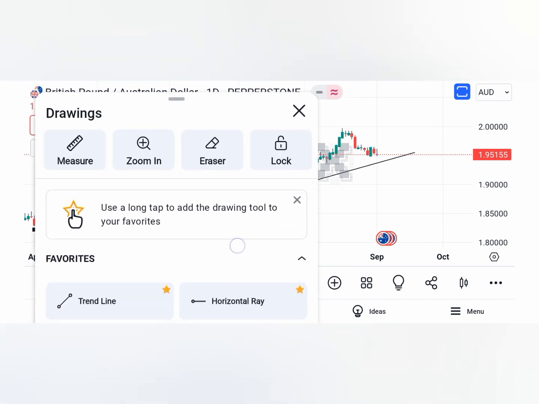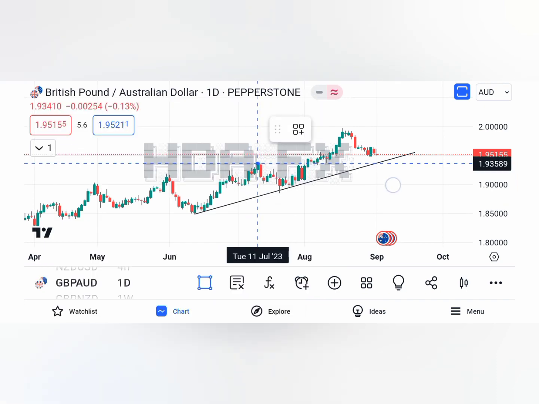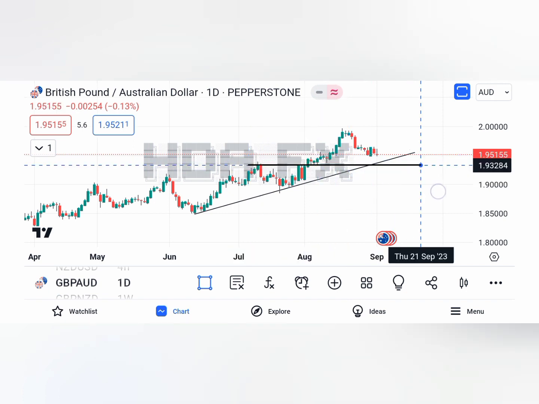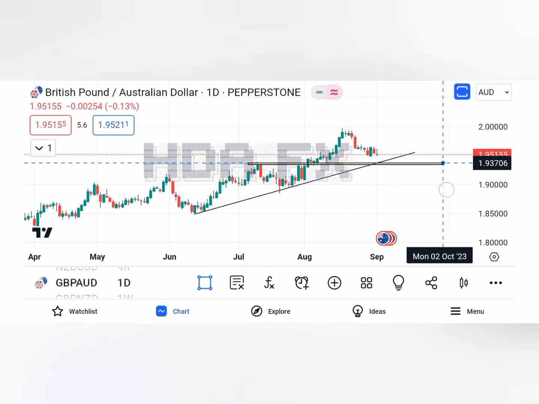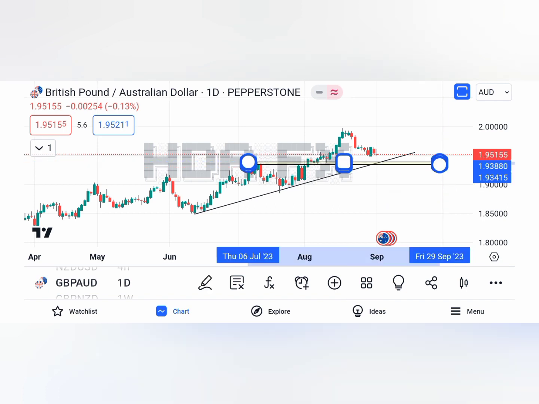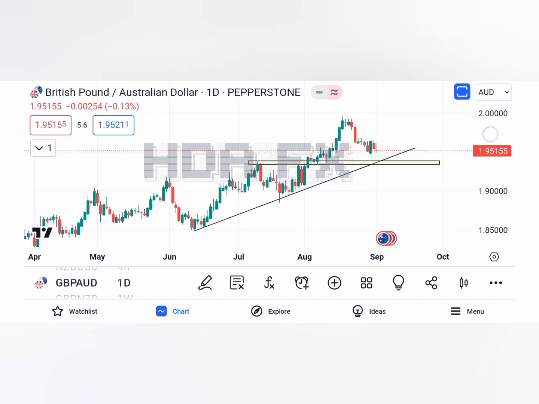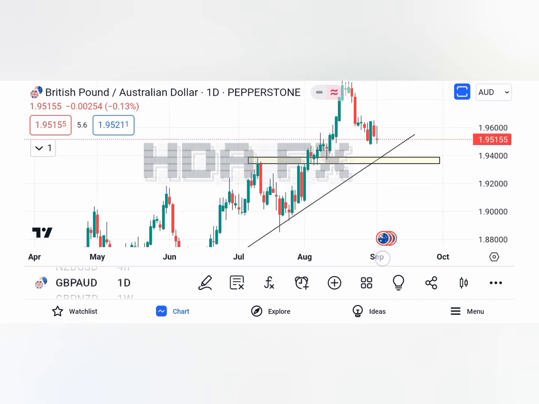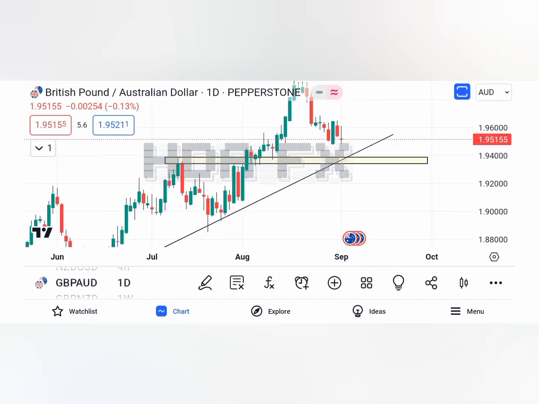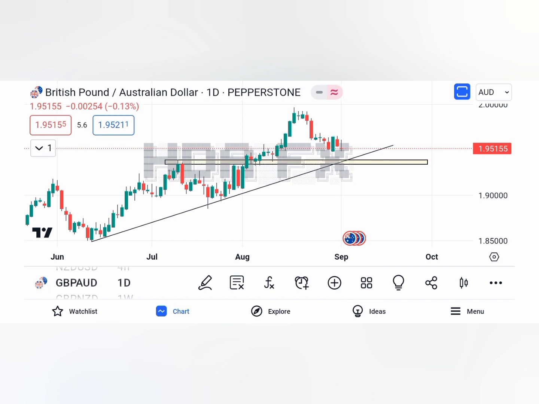And we can also spot a key level here, a zone of interest at this very level. We can spot a zone of interest at this point here. So this is what we have on the daily time frame.